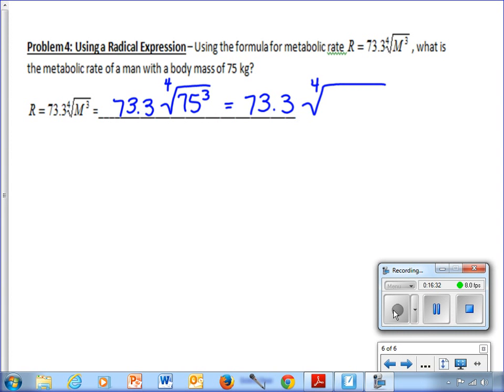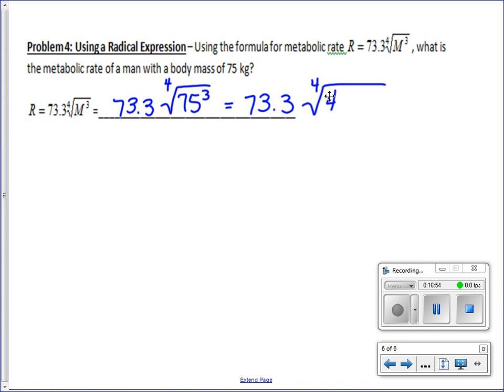All right, I think we're going to take the easy way on this one. This is a great calculator problem, and that way we won't spend too much time with our calculations. So we're going to take 75 and raise it to the third power, which is 421,875.